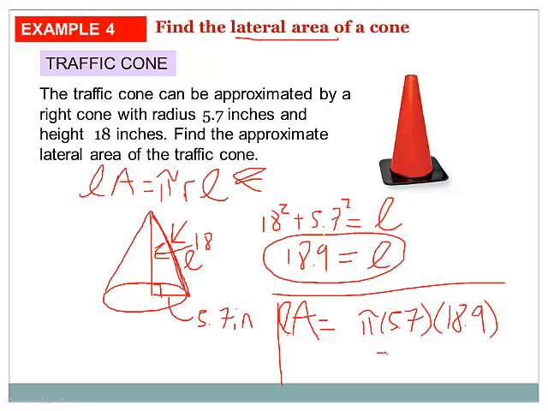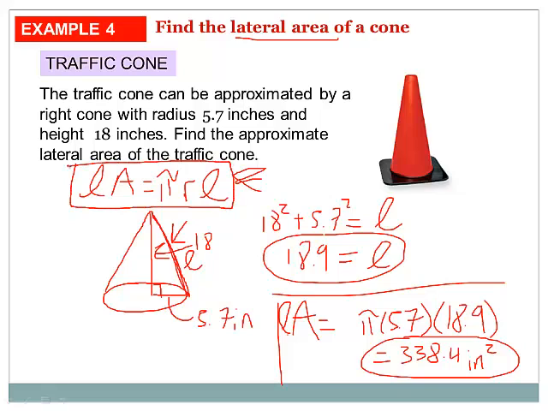And you get roughly about 338.4, and it's inches squared. So watch your units. All surface area is units squared. So again, the thing to take away from this is what the lateral area of a cone is, which is pi times r times L.